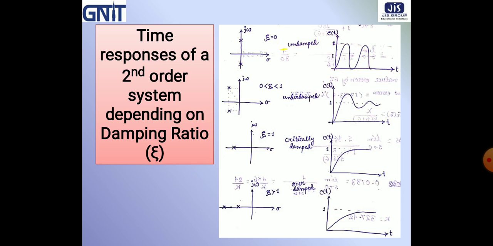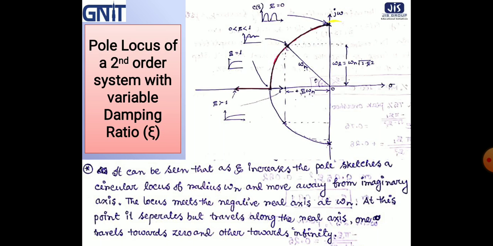Here zeta is equal to 0 and the two poles are present on the imaginary axis. So here zeta is equal to 0, there is a pole and there is a pole, complex conjugate poles on the imaginary axis.